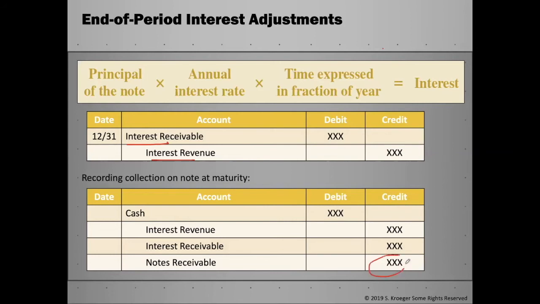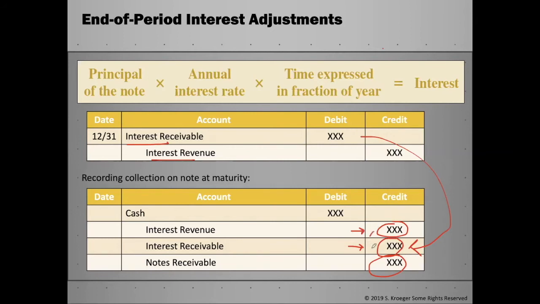We will get the full amount of the note back, plus the interest receivable, the amount that we earned the year before. That number will go here. Plus interest revenue would be the amount this year. So for my example, the interest receivable would be the amount we earned in 2020. Interest revenue would be the amount we earned in 2021.